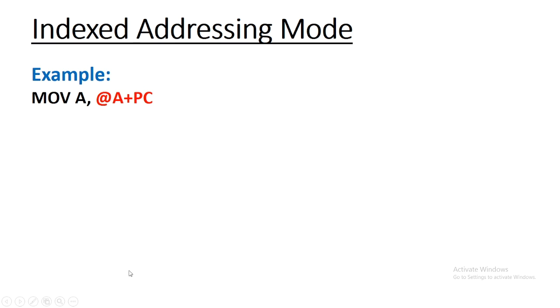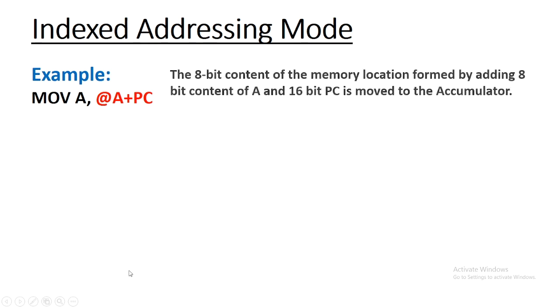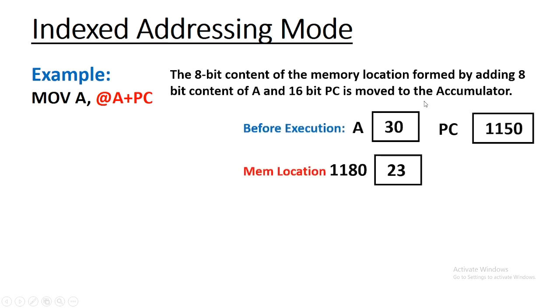If you look at the example, move A comma @A plus PC, the 8-bit content of the memory location formed by adding the 8-bit content of the accumulator and the 16-bit content of the program counter is copied into the accumulator.